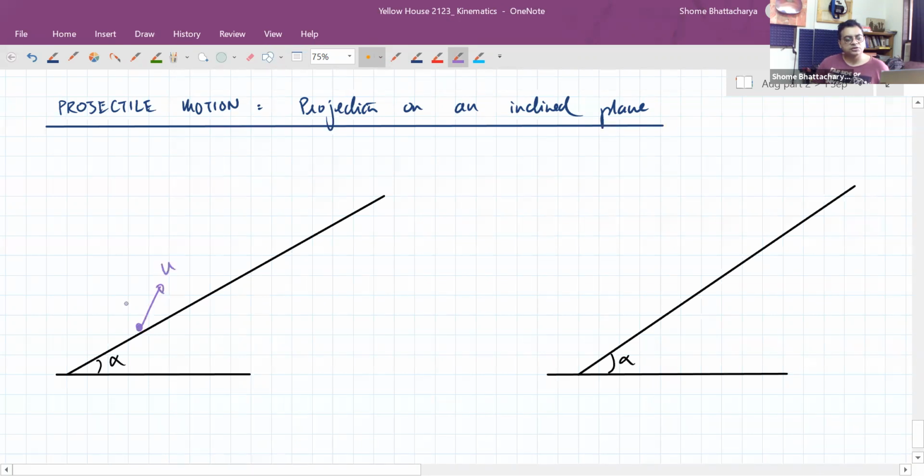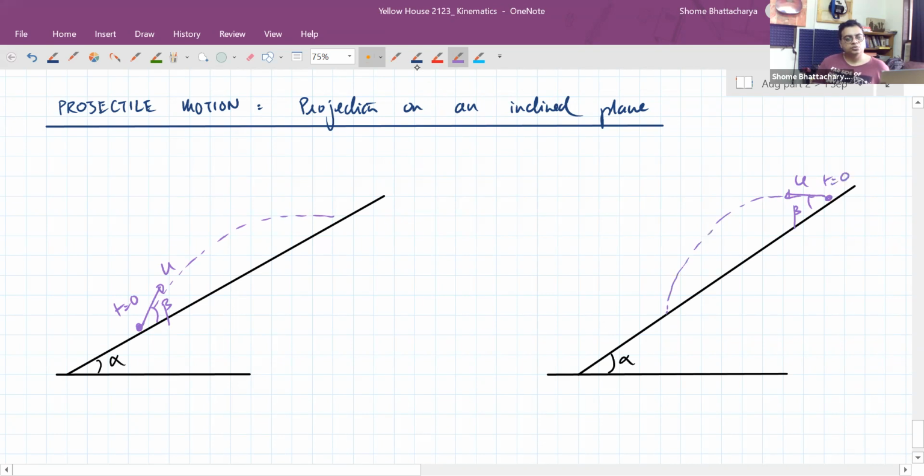So we could have this situation, so that the path of the projectile is like this. Or we could have this kind of a situation, let's say the path of the projectile is like this.